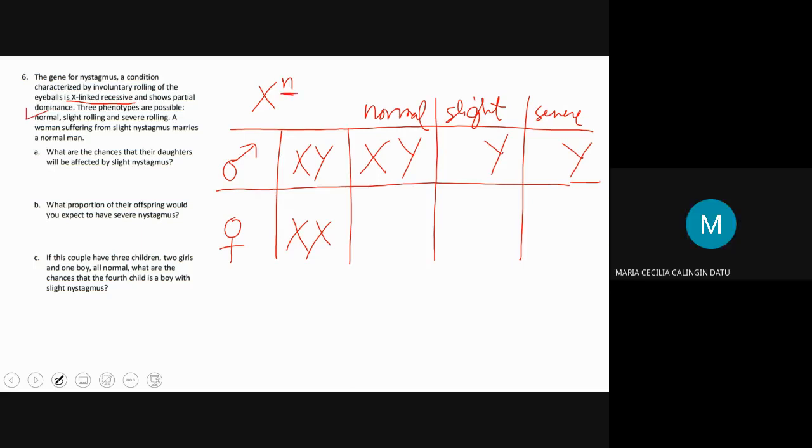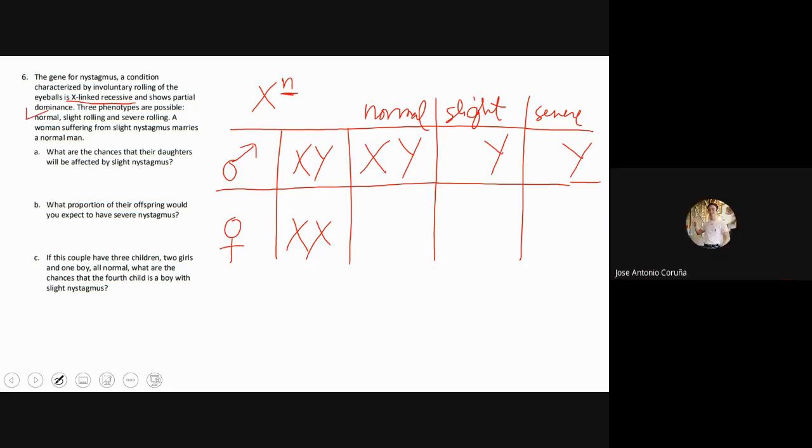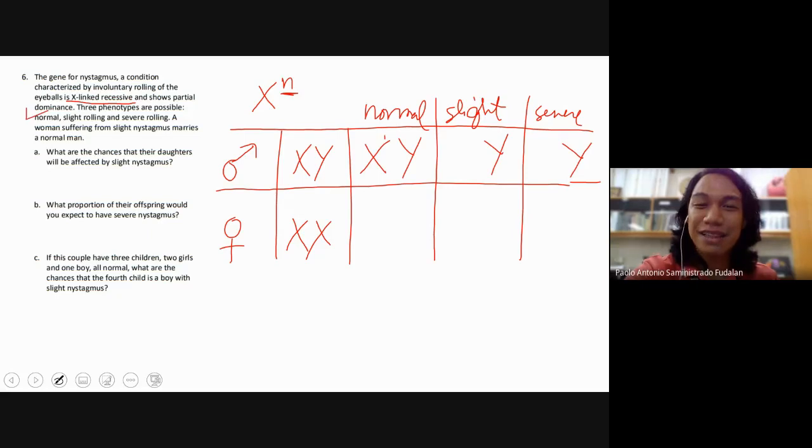Remember, if you have a small n, nothing will pair with that, it's just a Y, so you will end up severe. So it's not small n. It's capital N, sir. A normal male should have an X with a capital N allele, because nystagmus is X-linked recessive, so you should have a dominant allele. So this one is a normal male.